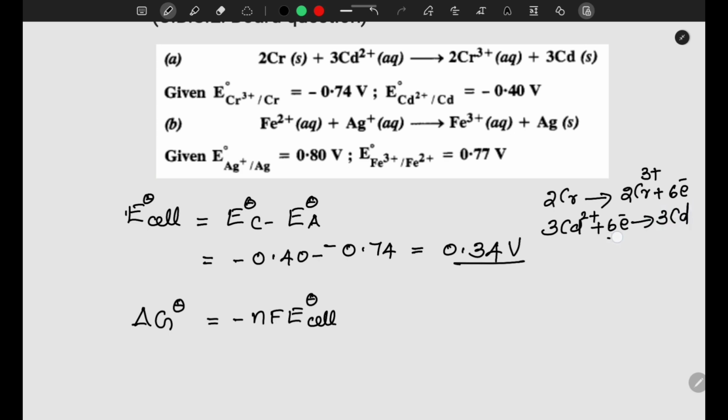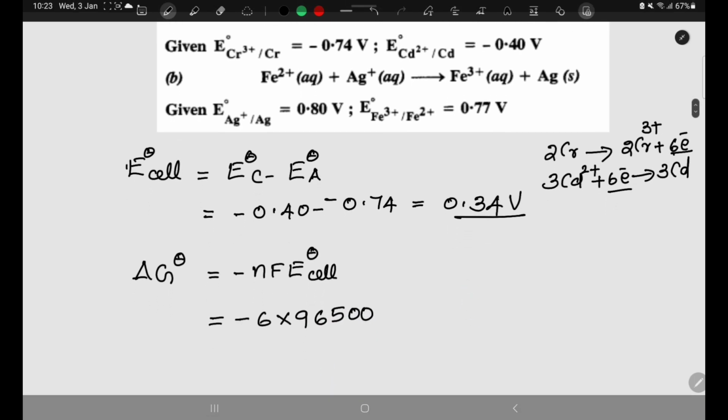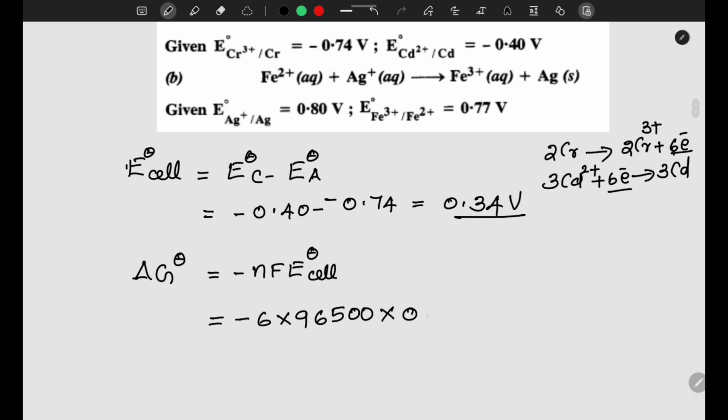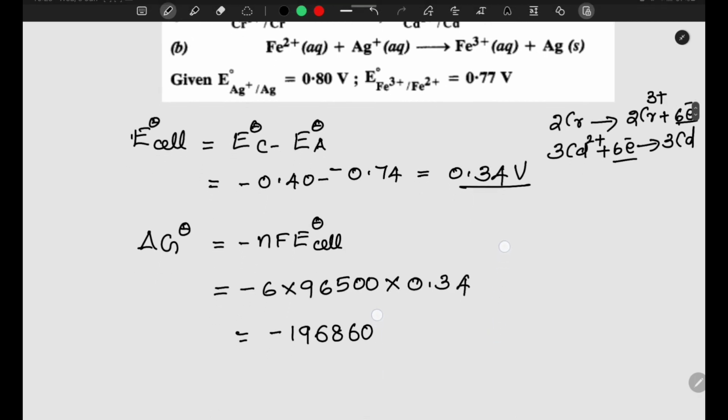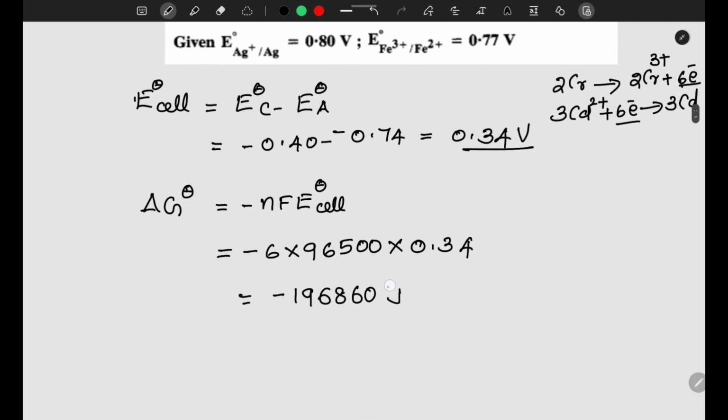So here the number of moles of electrons involved is 6. So delta G naught equals minus 6 into Faraday's constant, which we can take as 96,500 coulomb per mole, and E naught cell is equal to 0.34. So when we multiply, we will get minus 196860 coulomb volt, that is joule, that much joule per mole.